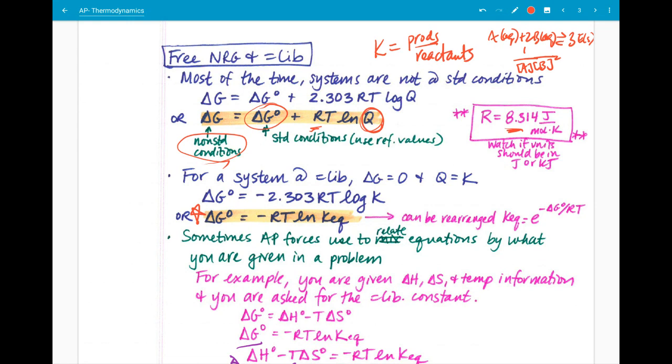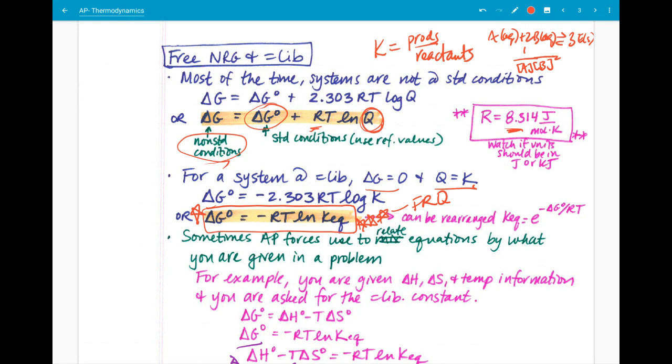So for a system at equilibrium, we're going to have a different equation. If we're at equilibrium, that means delta G is 0 and Q is equal to K. Then we're going to use this equation. I would say this equation is what you'll see much more likely on the FRQ. So if there's one you have to remember, that's the one I would remember. It's the same idea.